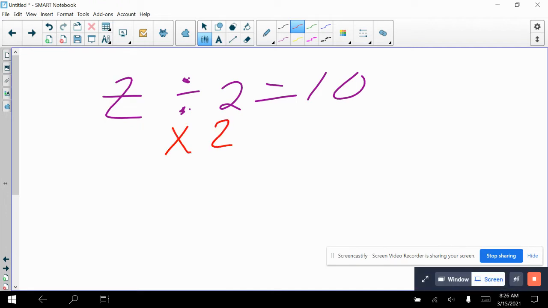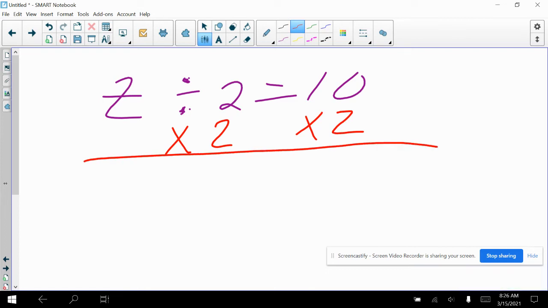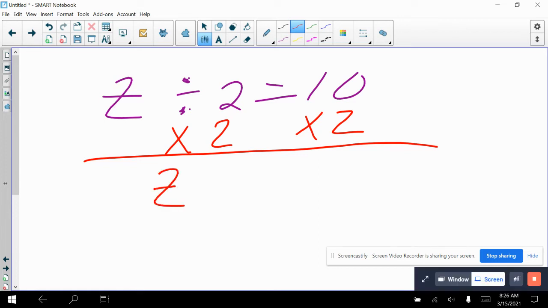If you solved it keeping it this way, you would probably do it like this, like we did with addition and subtraction, which does look kind of funny, right? Obviously, those cancel out, and you're left with 20.